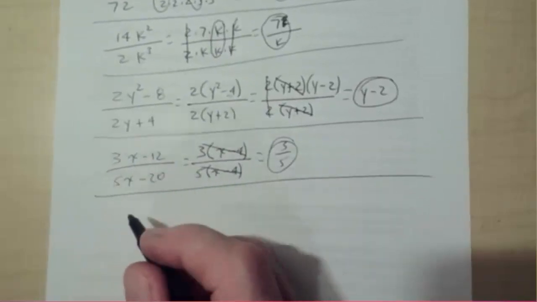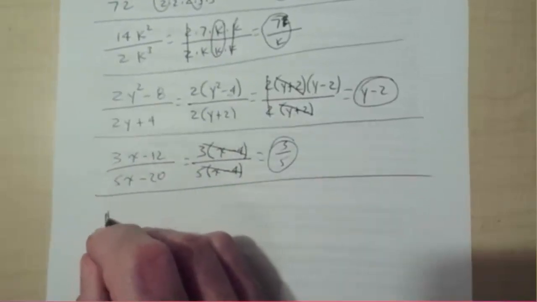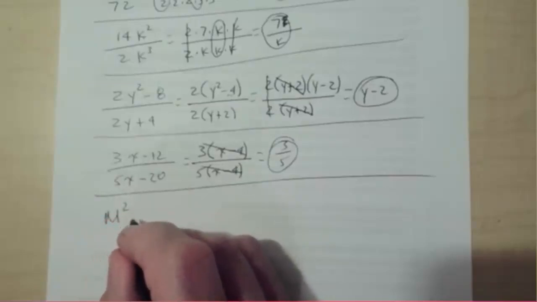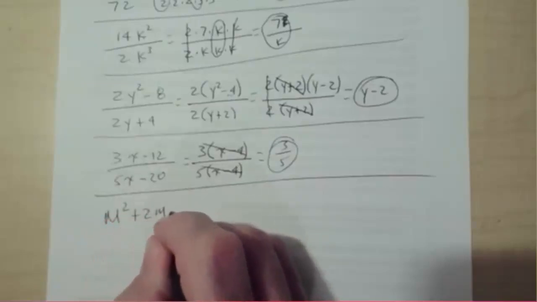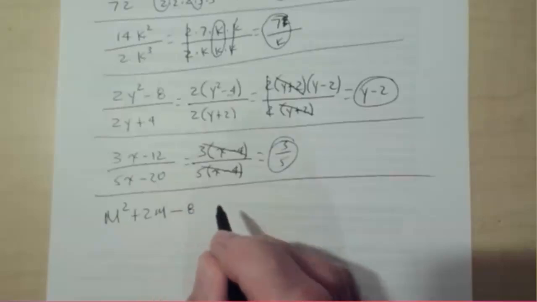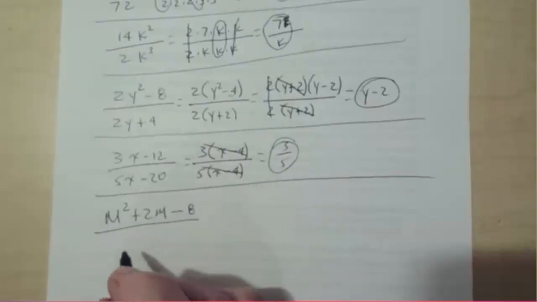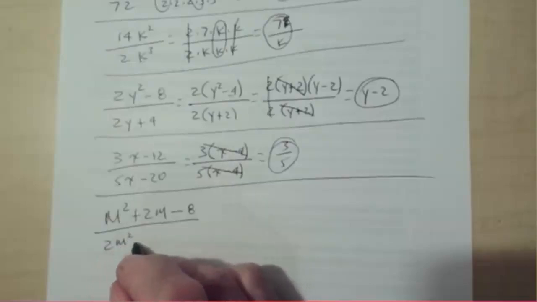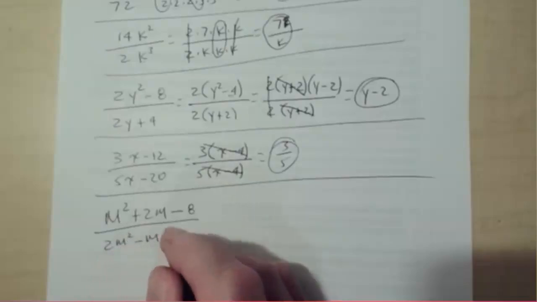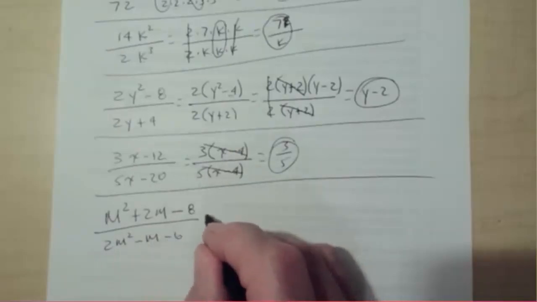And what if we have this? M squared plus 2m minus 8 over 2m squared minus m minus 6.